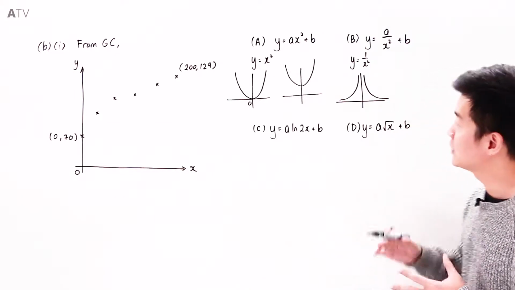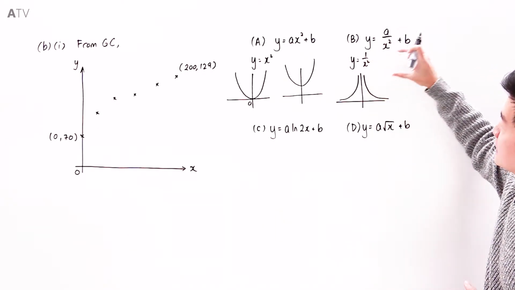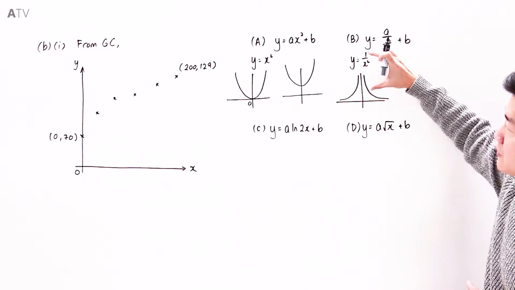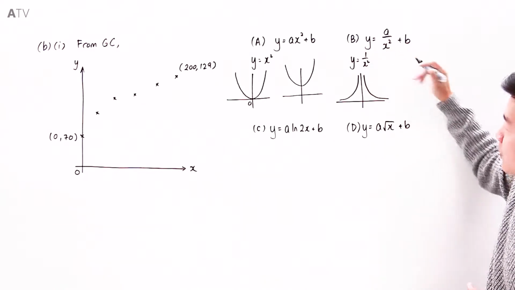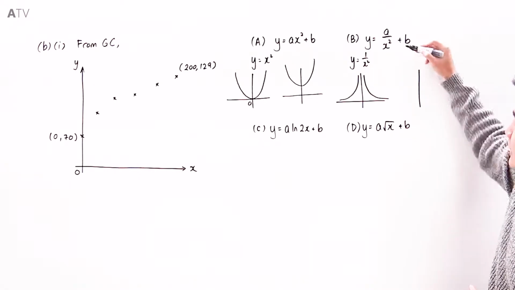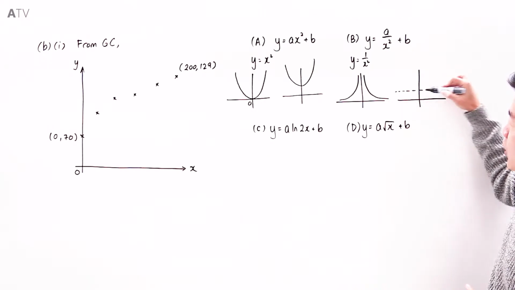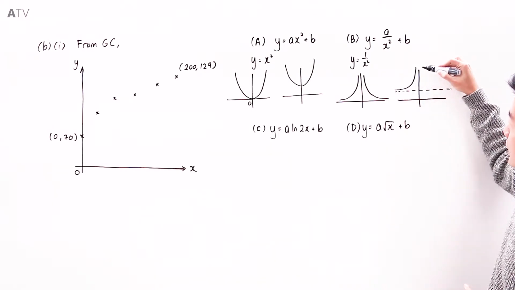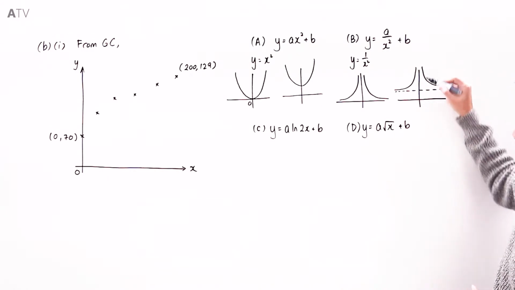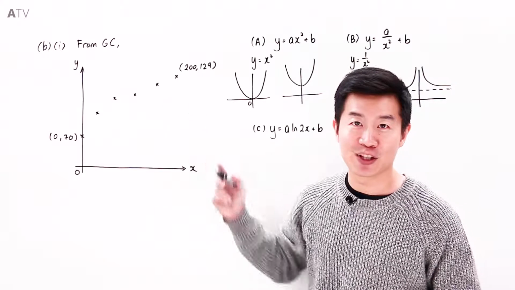And a, which is positive, is going to cause this graph to be scaled by a factor of a parallel to the y-axis, and b, which is also positive, is going to cause this graph to be translated by b units in the positive y direction, which means that this graph is going to be something like this, with a new horizontal asymptote of y = b, and the vertical asymptote remains the same as x = 0. And this graph is not going to help us to simulate this too.